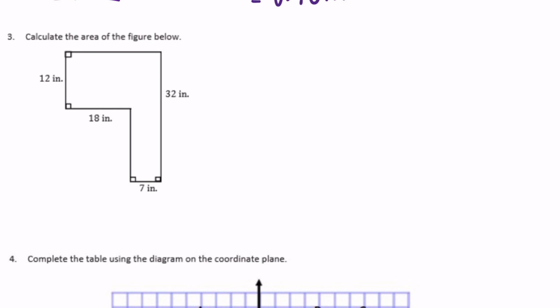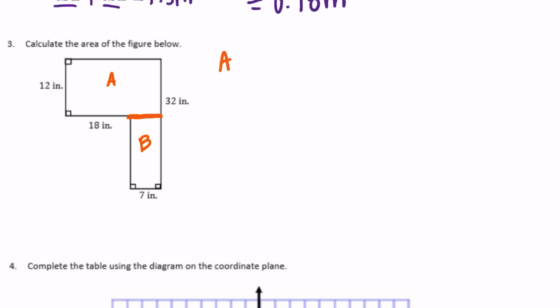Number 3, calculate the area of the figure below. So there's multiple ways to do this. I'm going to break it into, let's go like that. So we'll have rectangle A and rectangle B. So find the area of both of those, and then we'll add the areas together.